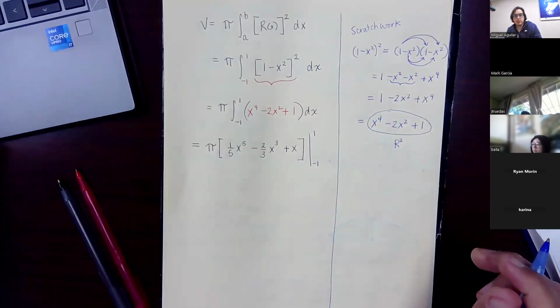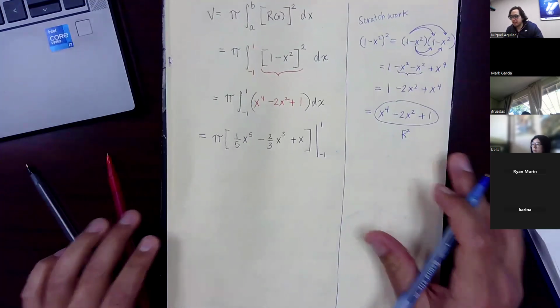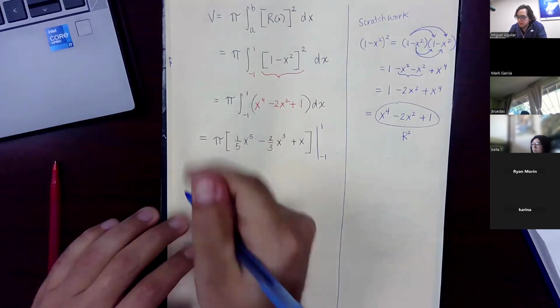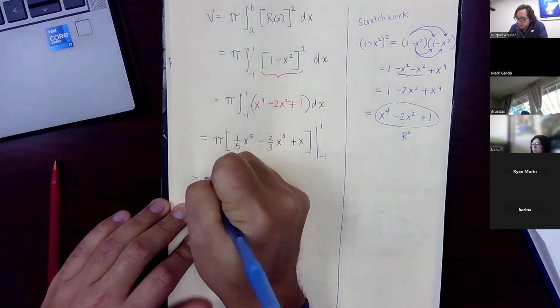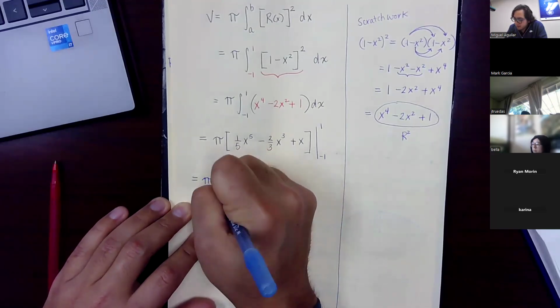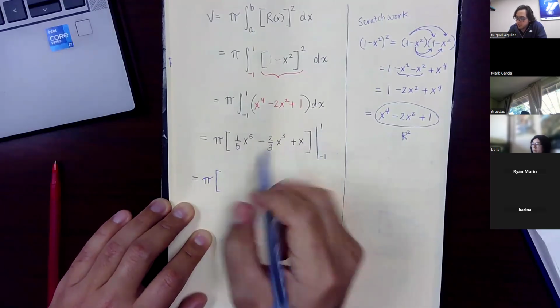Any questions about the integration process? That felt like the easiest part of this problem, right? Okay. So now we can evaluate this. Equals pi times, and then we're going to plug positive 1 into all of these.